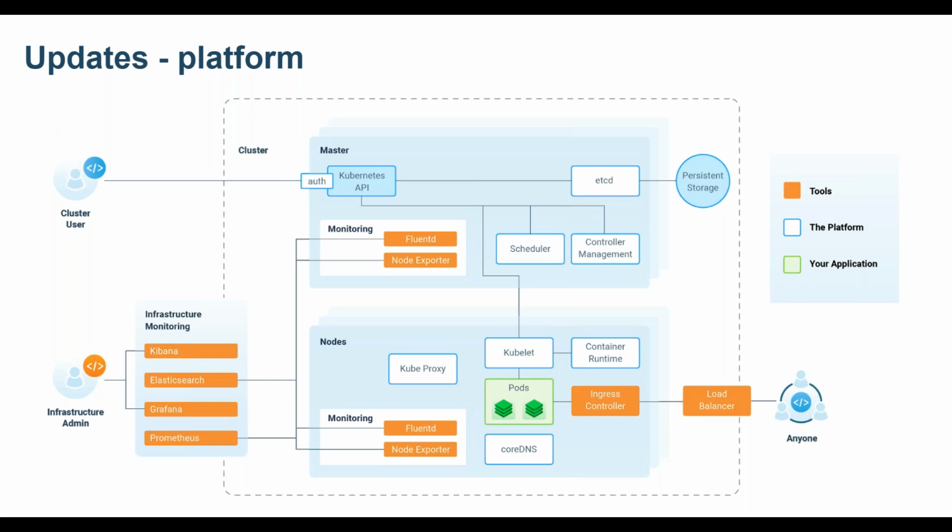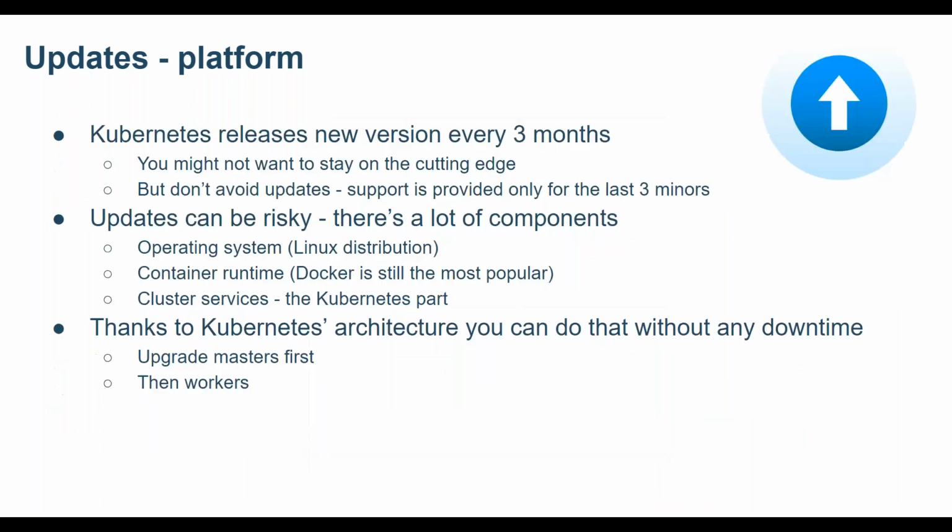The blue part is basically system level effort. You need to focus on the platform, on the nodes that are running your cluster, on your container runtime, and on the services that actually run the Kubernetes service.